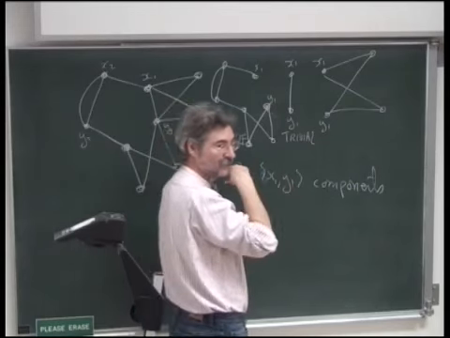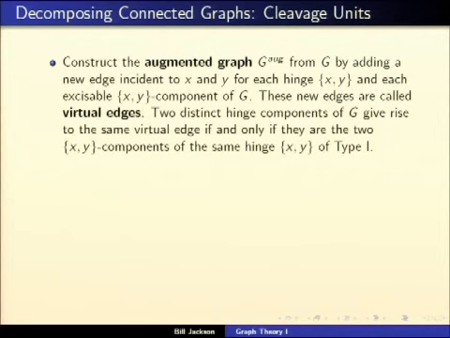So now we've got the hinges. The next thing we'll do is construct the three connected pieces. Tutte called the three connected pieces cleavage units, so maybe he was having a little joke. We'll construct an augmented graph by adding virtual edges.